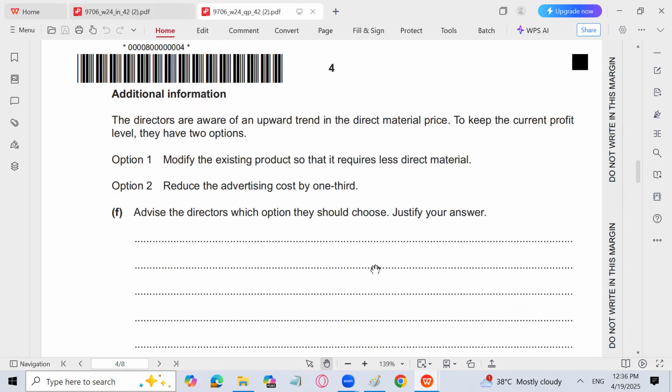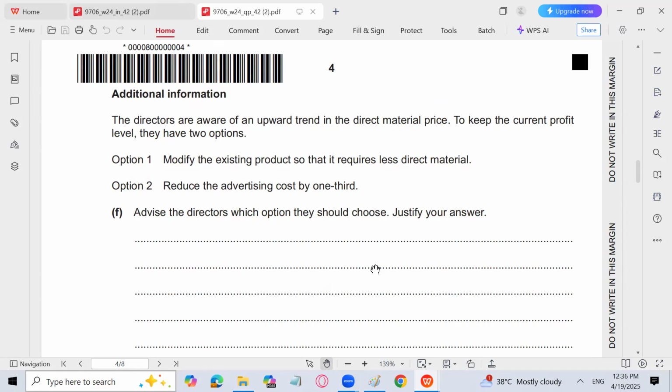It means we don't have to incur much cost because we have modified the existing product so that it requires less direct material. But it depends on whether the customer is ready to purchase that product. If they are ready to go for the modified product, maybe it is an improved one, but it must be according to their liking, so the customer demand stays the same. So we have to go for market research first, and then we should choose that option. But I believe that option 1 will be the better choice.